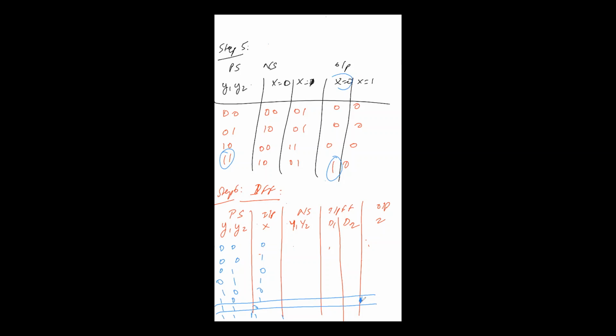So next state you can fill from here. If you are having 0, you will get 0, 0, 0, 1, 1, 0, 0, 1. This you can fill by seeing directly from the table.